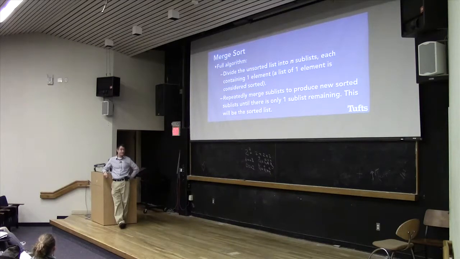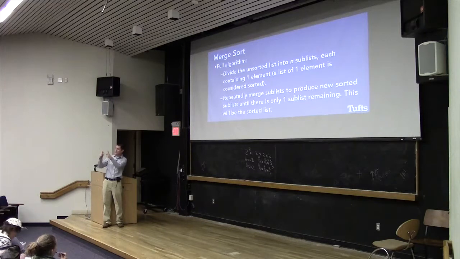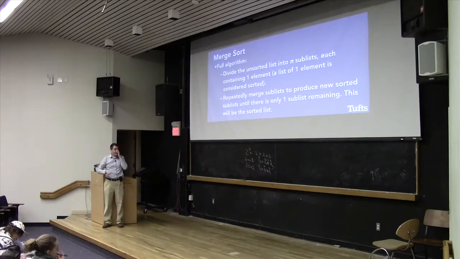OK? I mean, that's kind of a dumb statement, I suppose, but it's true. If you've got a list of 1, it's sorted. Right? OK. So divide it into a bunch of one-element sorted lists, and then repeatedly merge those elements into the next level up, basically. So you're going to take 2, you're going to merge them into a list of 2, and then they'll be in order. And you're going to take the other 2 and merge them into a list of 2.